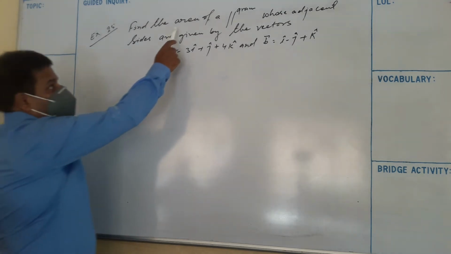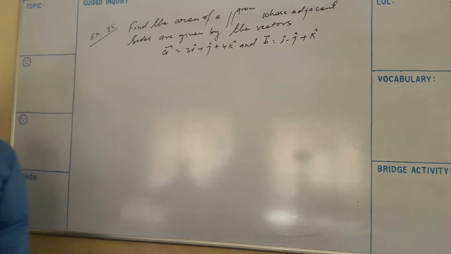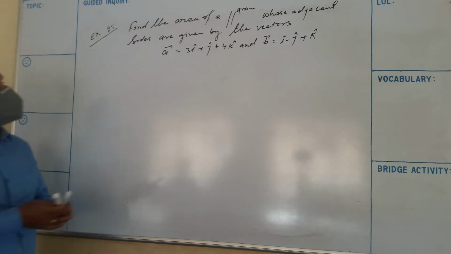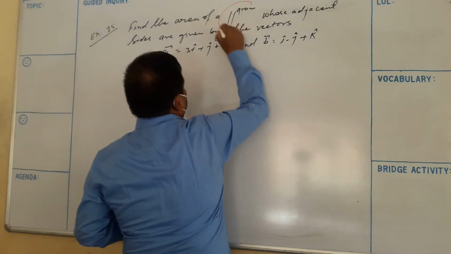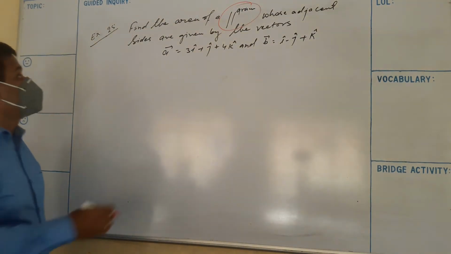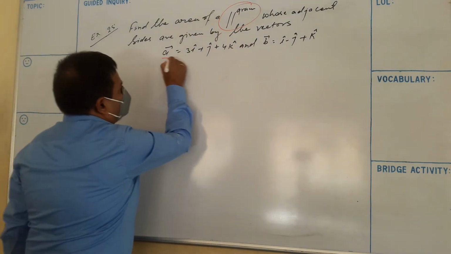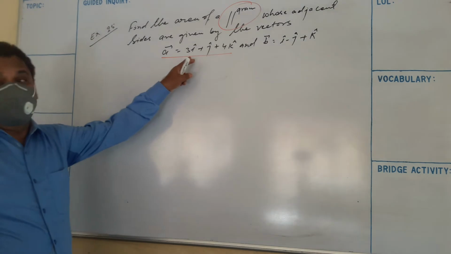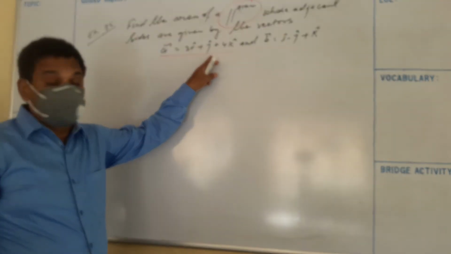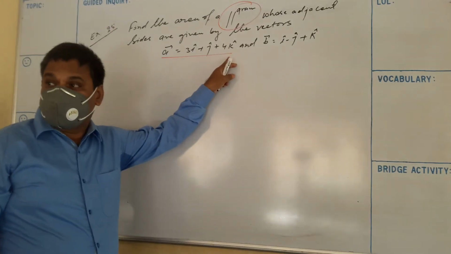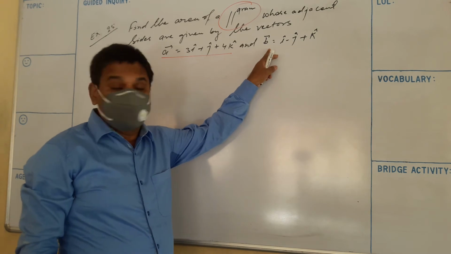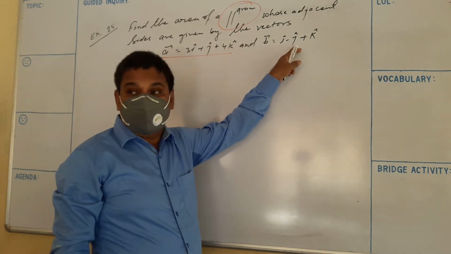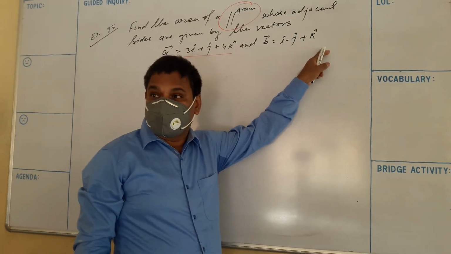Find the area of a parallelogram whose adjacent sides are given by the vector A. Vector A is given 3i plus j plus 4k, and vector B is i minus j plus k.